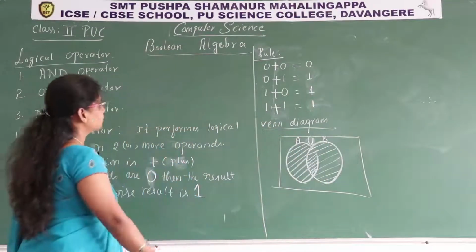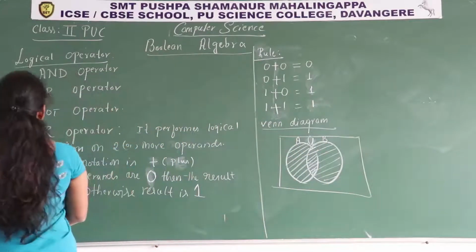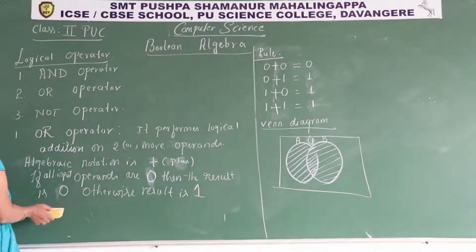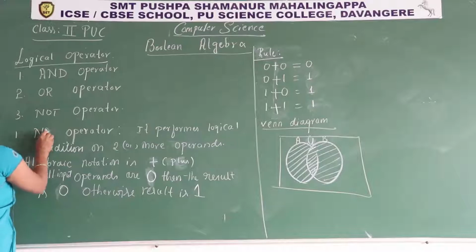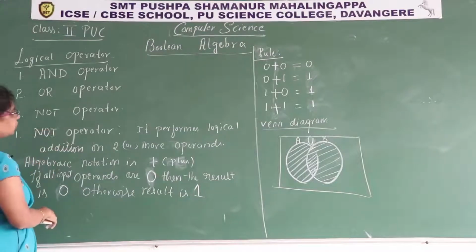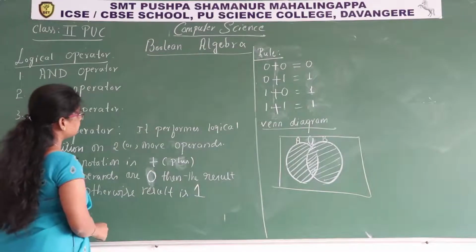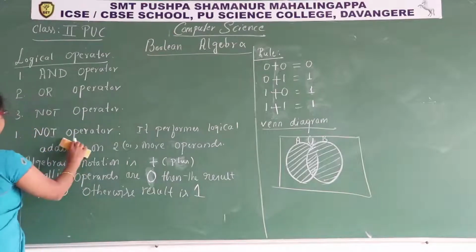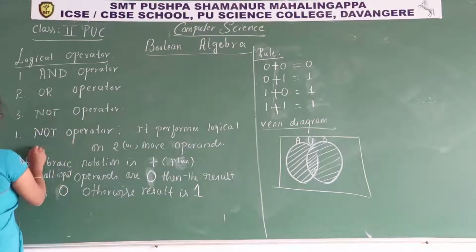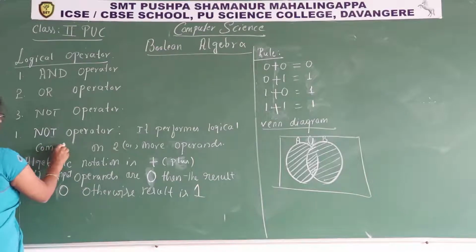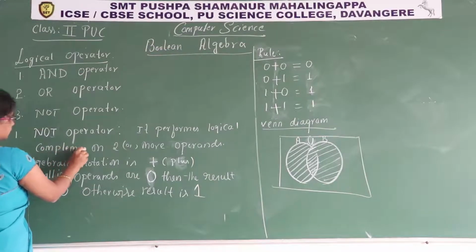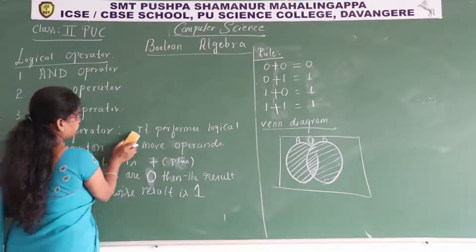That is the symbolic representation. Next, the NOT operator. It takes only one input and gives one output. It performs a logical negation, or complement, on one input, one operand.